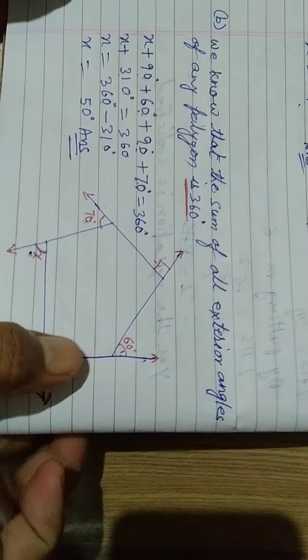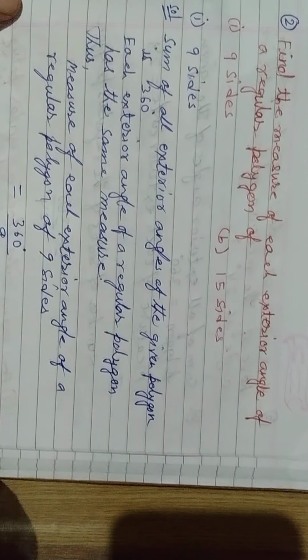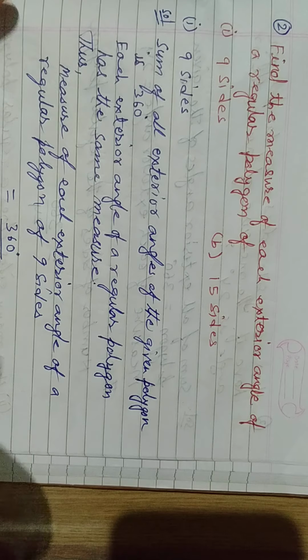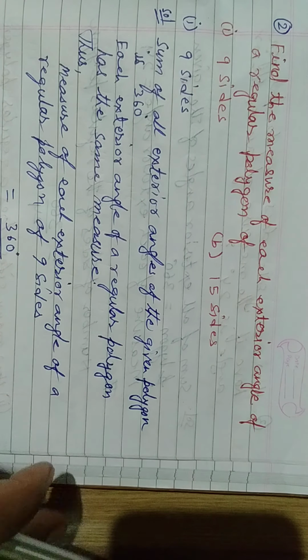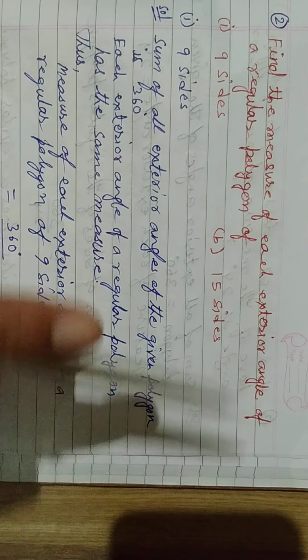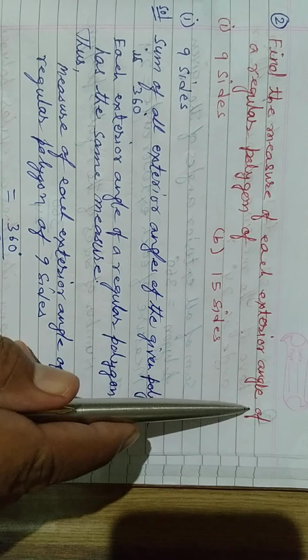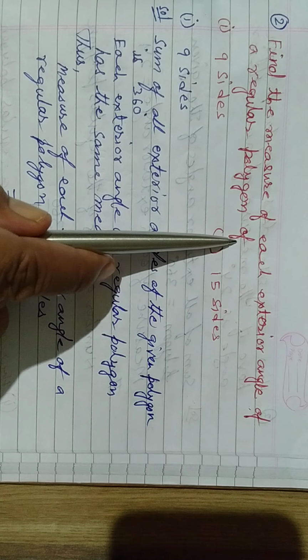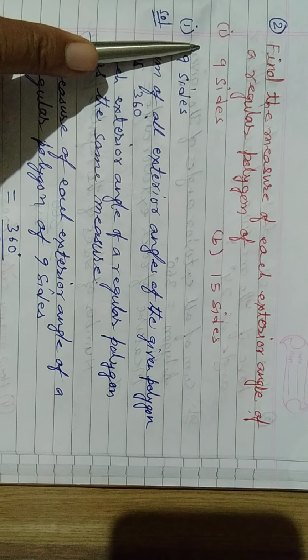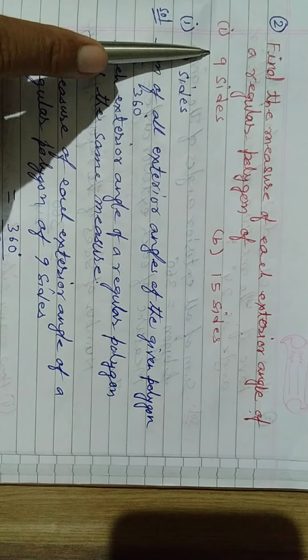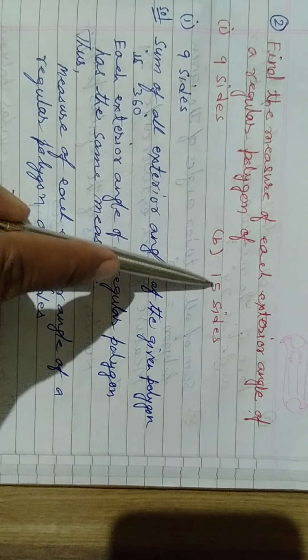Come to question number 2. Question number 2 is given, find the measure of each exterior angle of a regular polygon of: a, 9 sides, b, 15 sides.